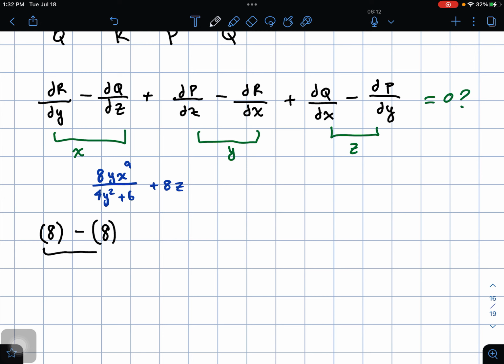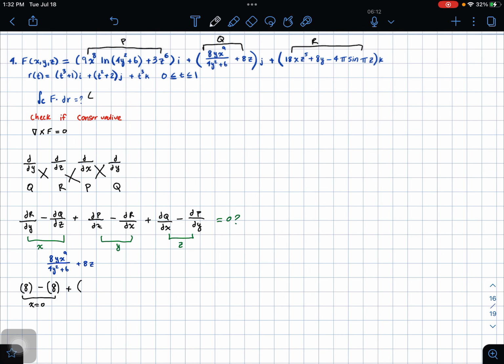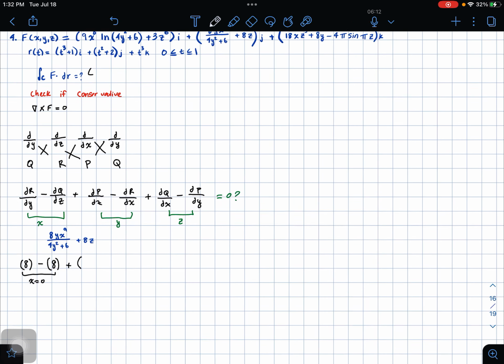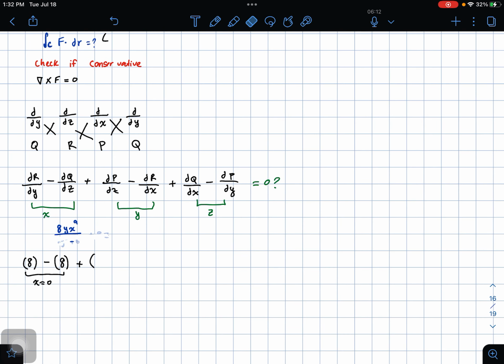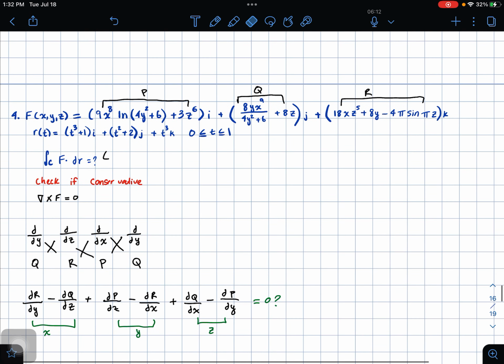Okay, we can already see that this is the x component, and we say that x is equal to 0. And then we have del P del z. This one right here, we have to take it with respect to z.